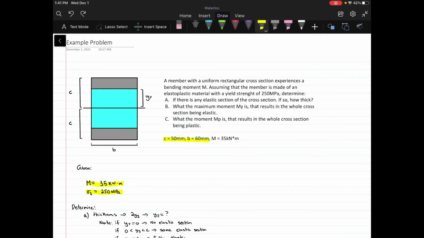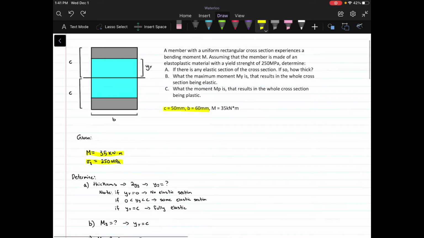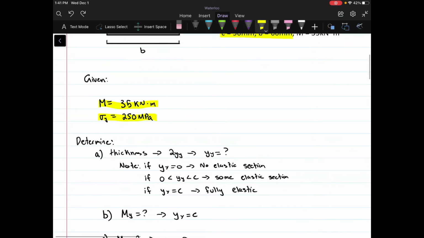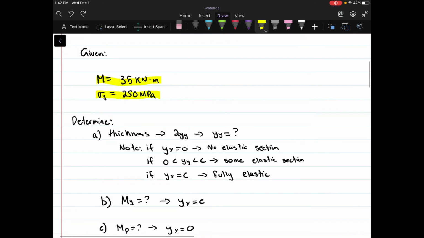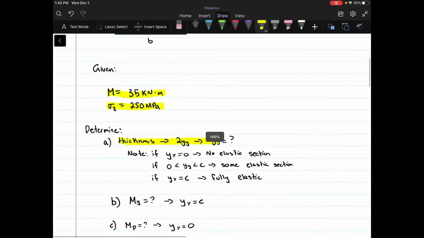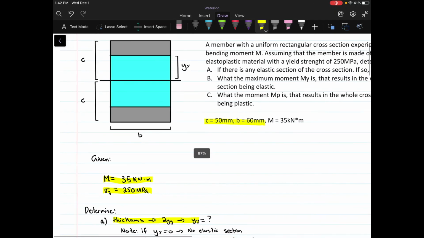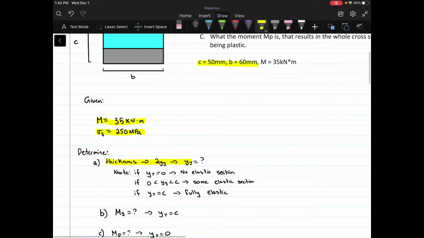In order to figure out if any elastic section exists, we want to solve for the thickness of the cross-section. When I refer to the thickness of the cross-section, I mean half the thickness of the cross-section, which is yy. And when I refer to the height of the cross-section, I mean c, which is half the height of the cross-section.